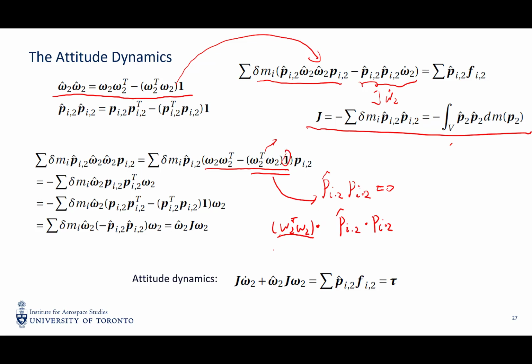And because we have an identity matrix, it just vanishes here. So the second term here, if we use the property of the cross product, is equal to 0. So only the first term remains.